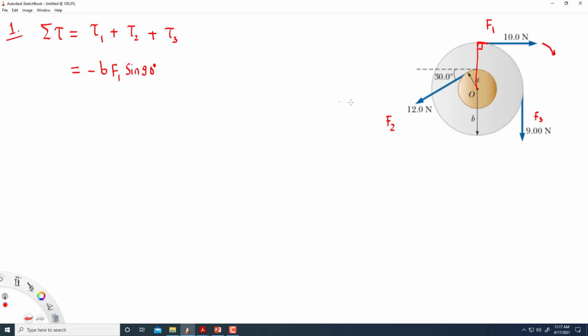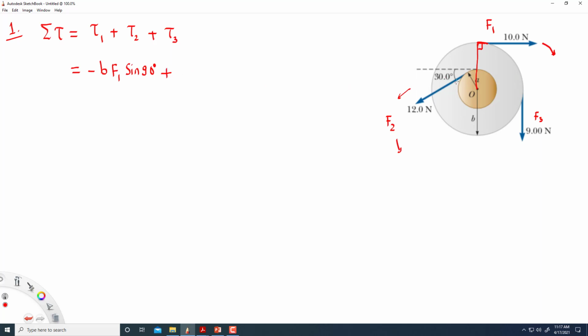For T2, or for force 2, when you pull this wheel in this direction, it tends to produce counterclockwise rotation. Okay, if you pull this way, then it will be rotating counterclockwise. So this sign would be positive.